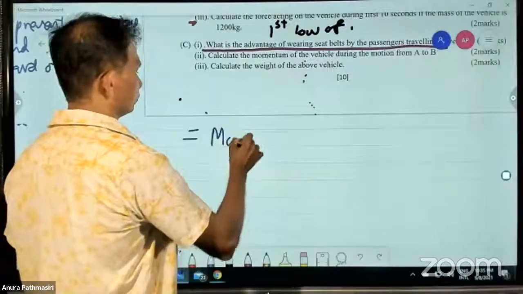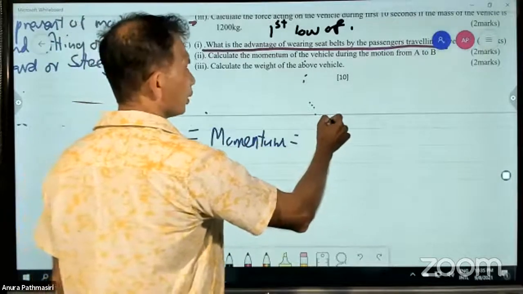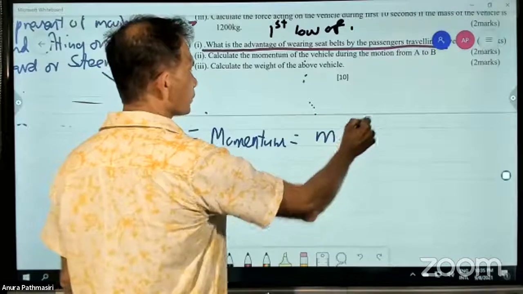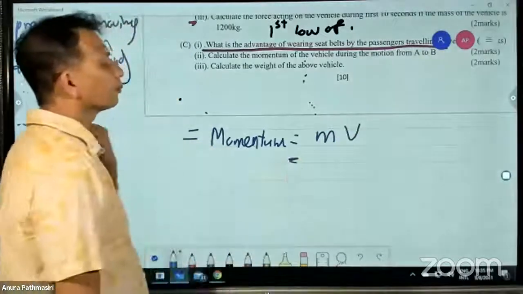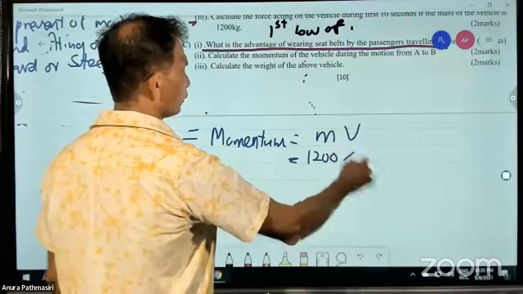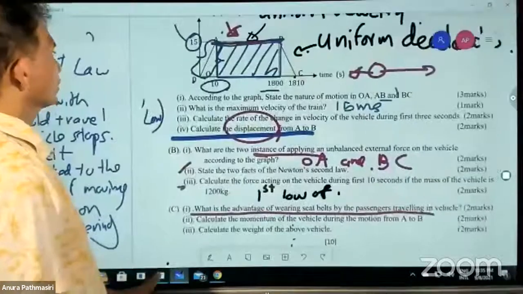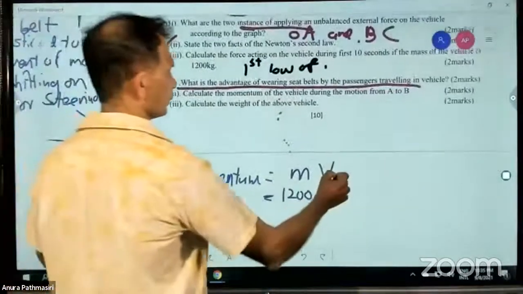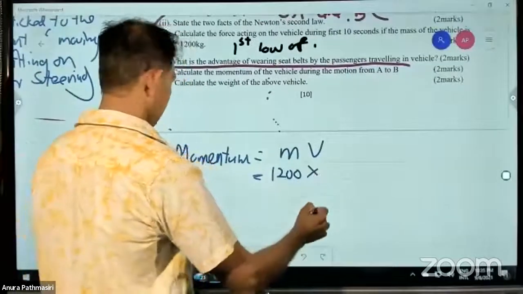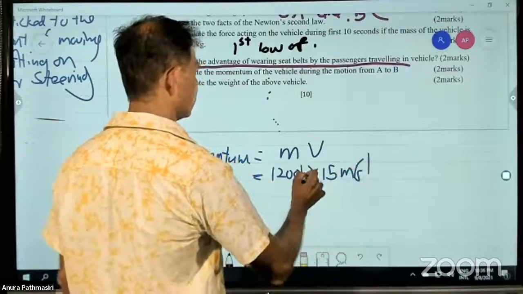Mass is 1,200 and velocity is 15 meters per second.